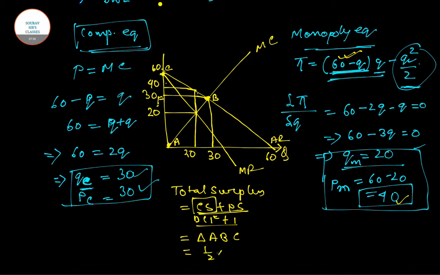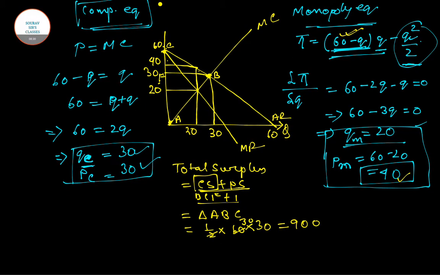It will be half into base into height, so it is half into 60 into 30. So we'll get the value to be equal to 900. So we get the total surplus to be equal to 900.